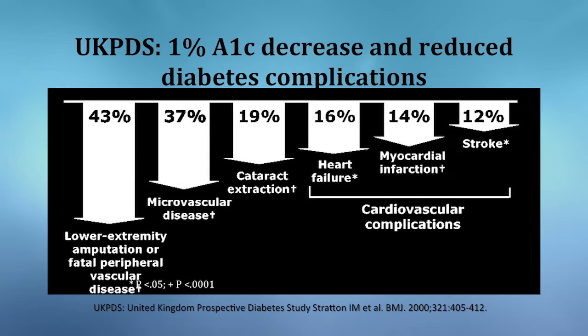This is what you should advise your patient. Your patient should understand very well that every time he comes to the clinic with a drop in his hemoglobin A1C by even 1%, he will decrease significantly the chance of complications.